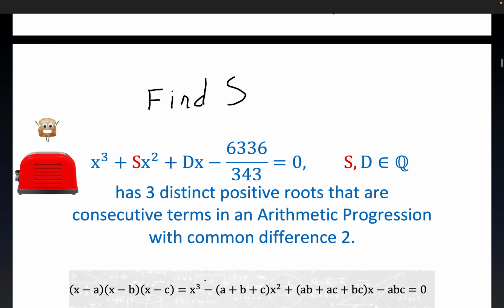Now, down here, I've assumed that those roots are A, B, and C. And so what we do know is that the very first root would be equal to A. The next root would be A plus D, where D is 2, since the common difference is 2, and then A plus 4.